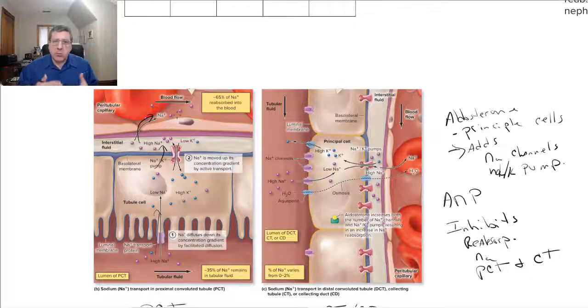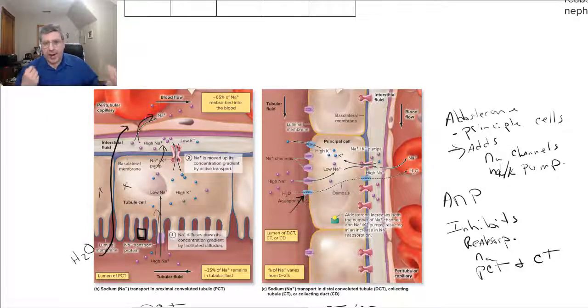Now, water movement is based on osmosis, and how it moves is through paracellular. So if we have one cell here, water is going to go in between those cells, or we can have a little pore, which is over here on the other picture.